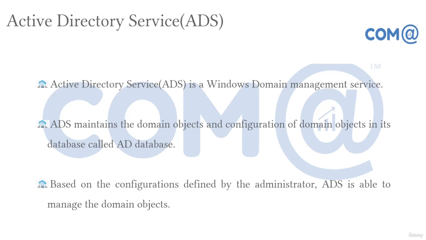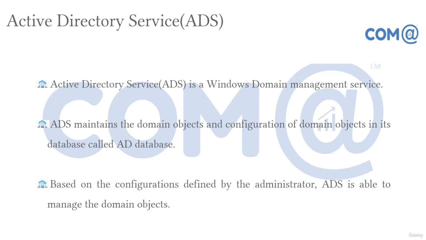Whenever a user is logging in from a client computer, the authentication request hits the domain controller. The Active Directory service in the domain controller verifies the user login name and searches for it in its database. If it finds the login name, it immediately verifies the password. If the password the user typed matches the one in the database, the user is authenticated and allowed to log into the computer.